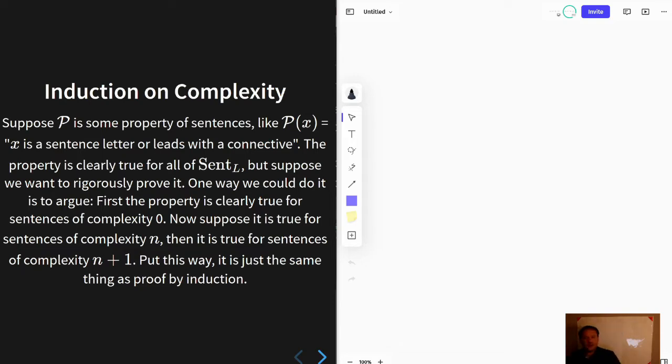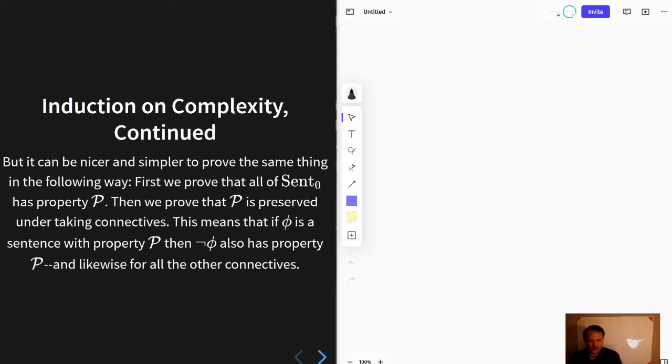That technique would work here: talking about the property holding for every element of Sen 0, and then showing that if it holds for every element of Sen n, then it also holds for every element of Sen n plus 1. So that is how we could use regular induction to prove something like that.